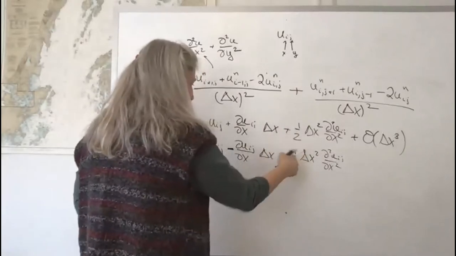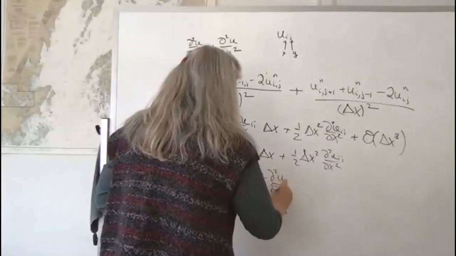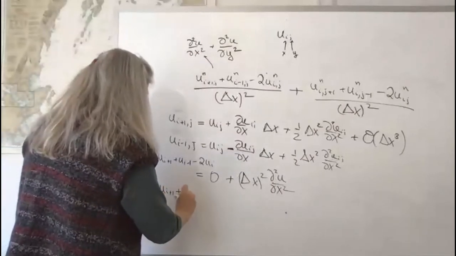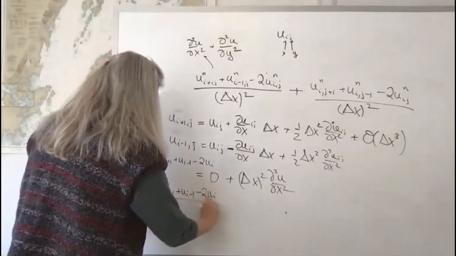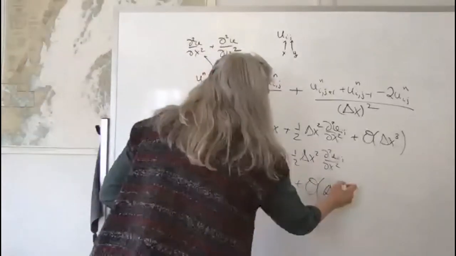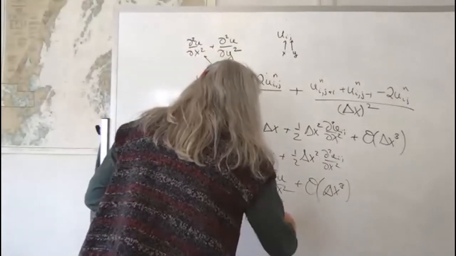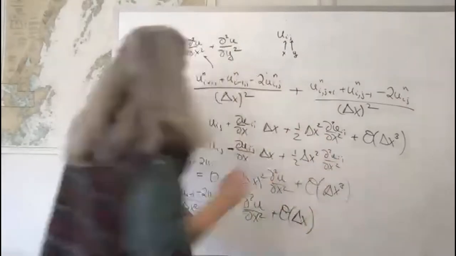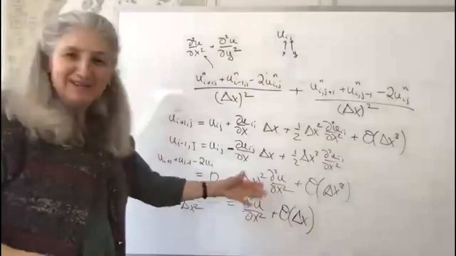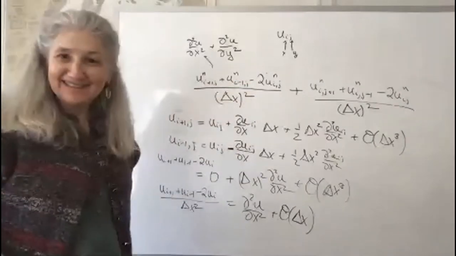Plus 1/2 plus 1/2 is 1 delta x squared d squared u dx squared. So u i plus 1 plus u i minus 1 minus 2 u i over delta x squared is equal to d squared u dx squared plus order delta x squared. Okay. So that should make you feel better about the fact that this approximation is consistent with that.